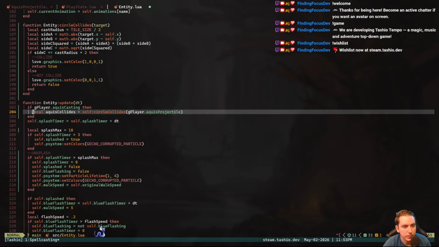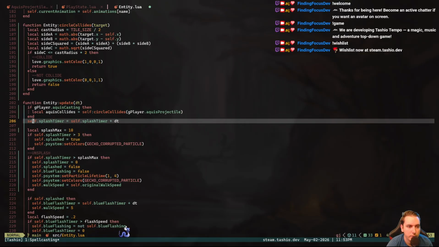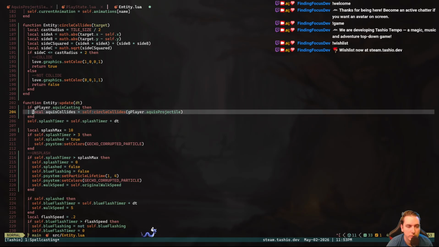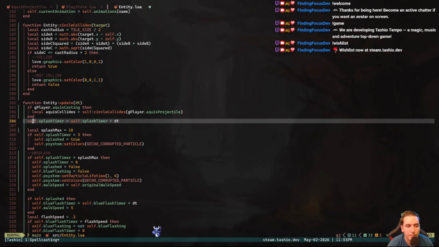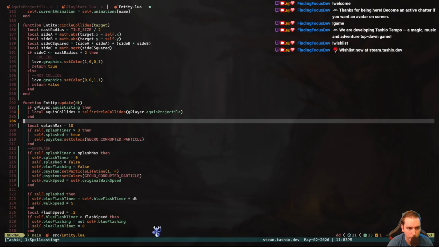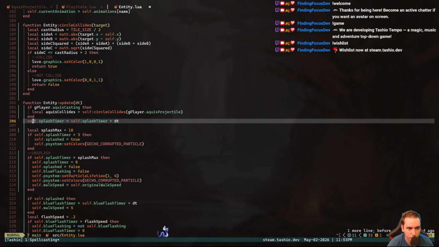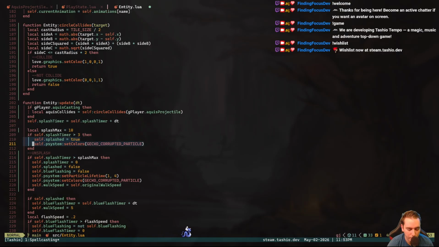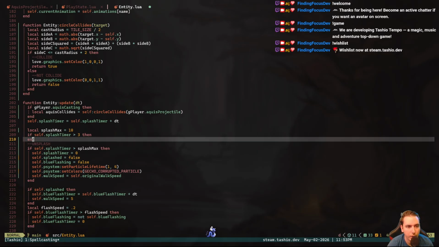So we've got this circle collides. So this aqueous collides value needs to do this splash timer thing. So instead of this splash timer, what do we do when we become splashed?